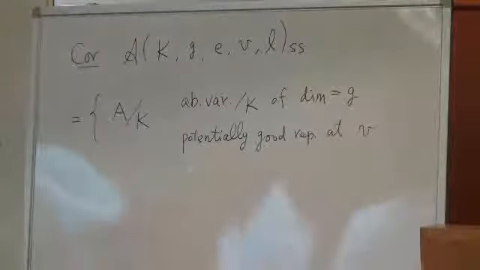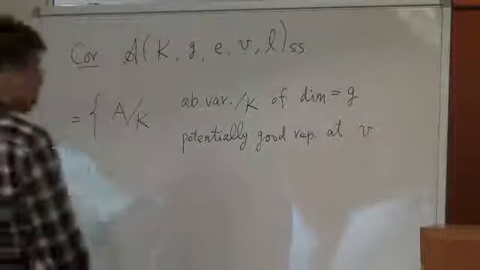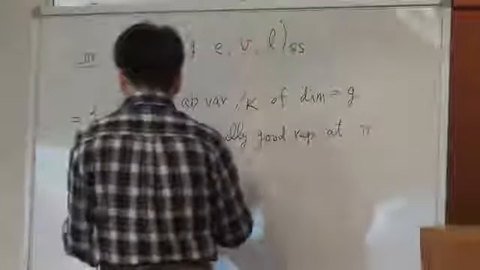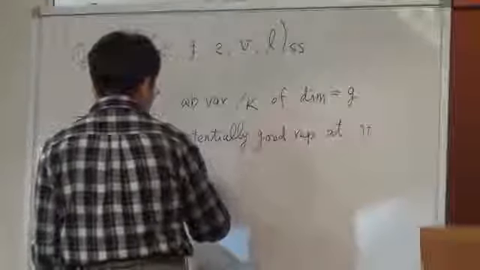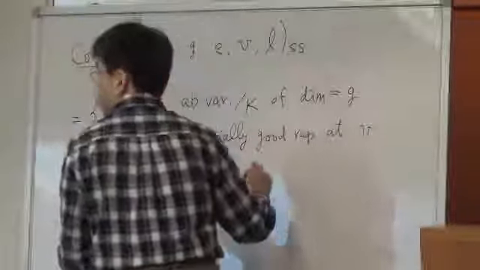So we only need just one place where A has potentially good reduction, and this torsion point condition is always assumed.